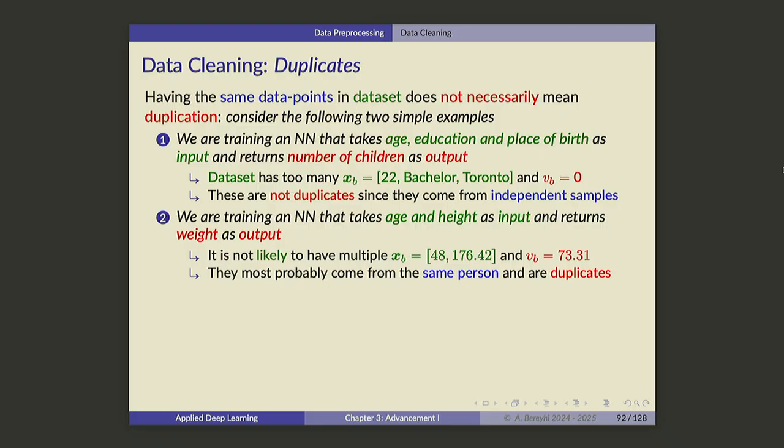If this happens and you see two of them inside your data set, well, this is fishy. How likely is it that you meet two people randomly with exactly the same age, exactly the same height up to 2 decimals, and exactly the same weight up to 2 decimals? This is very unlikely, and then you would say this is probably a duplicate, and you're going to remove it. You agree? Everybody's clear?